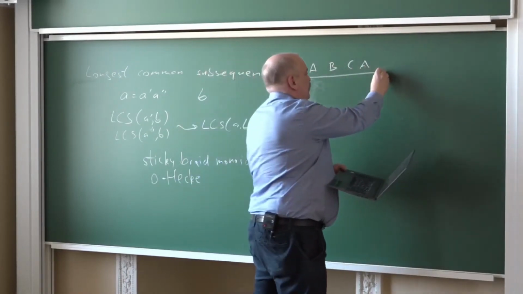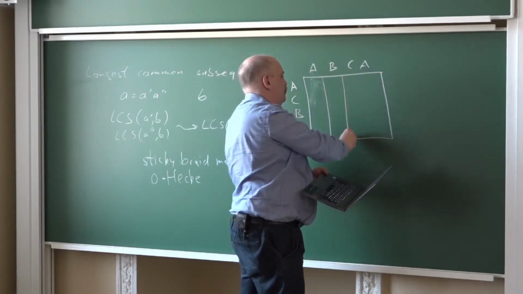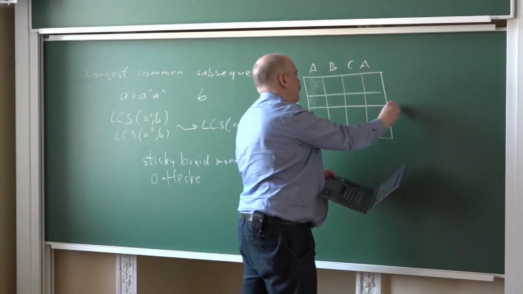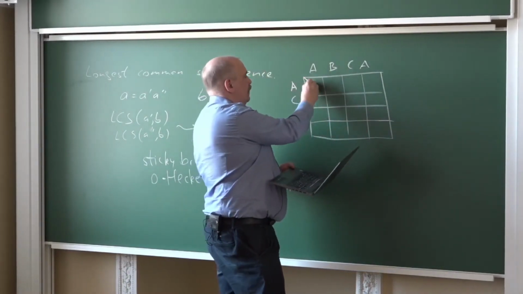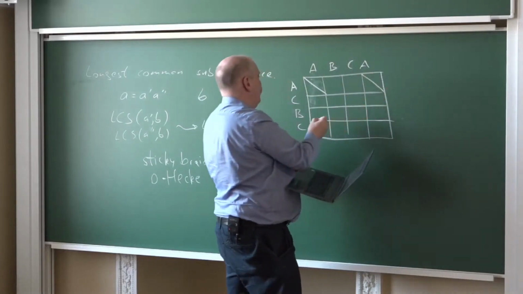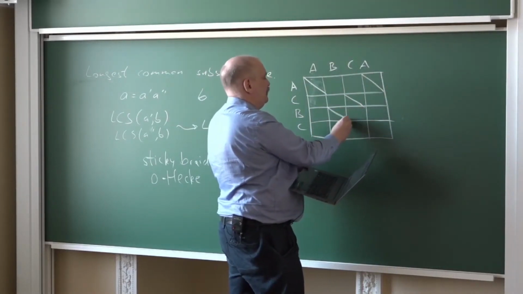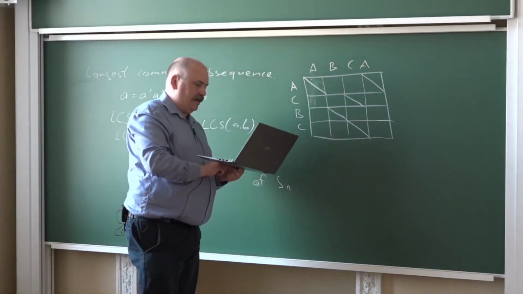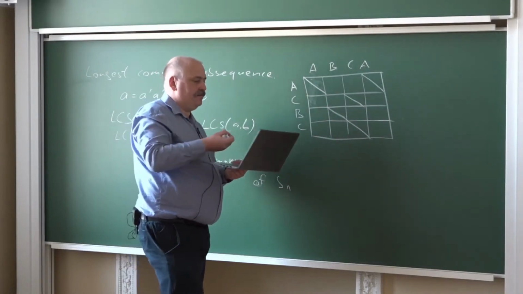What we need to do is to draw a graph like this and to mark the matches. So we match the A's and the C and the B and the C again. Okay, and now we make a braid out of paths in the dual graph.